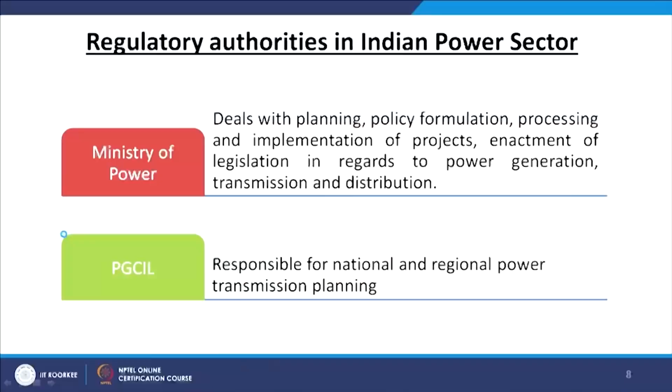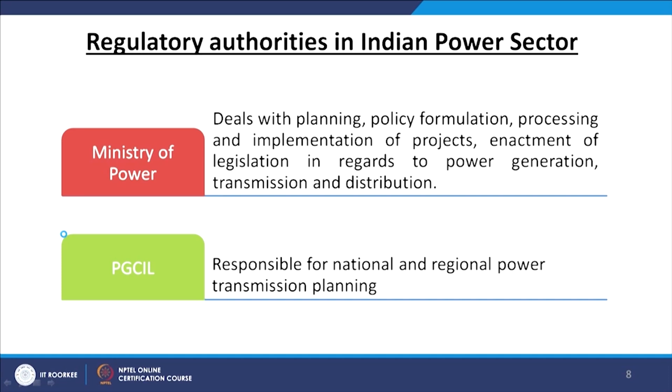Now, look at the authorities of the Indian energy sector. The Ministry of Power, which is the major component, deals with planning, policy formulation, processing and implementation of projects, and enactment of legislation in regard to power generation, transmission and distribution.